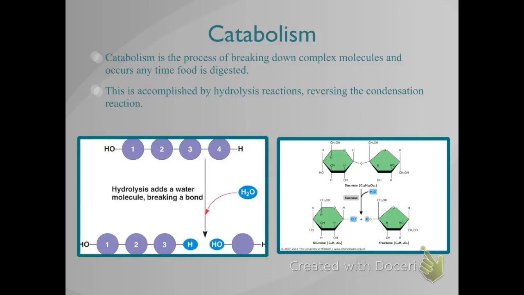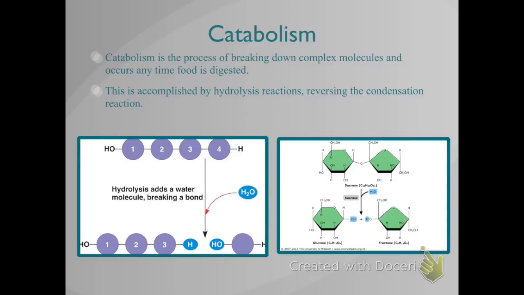But this is the flip side. So anabolism is the building up of compounds of polypeptides or polysaccharides or large fats. We can also, as a group, call those polymers, where catabolism is the breaking down of polymers into dimers or monomers. So we're breaking down complex molecules. This occurs anytime food is digested, and it's accomplished by what's known as a hydrolysis reaction.